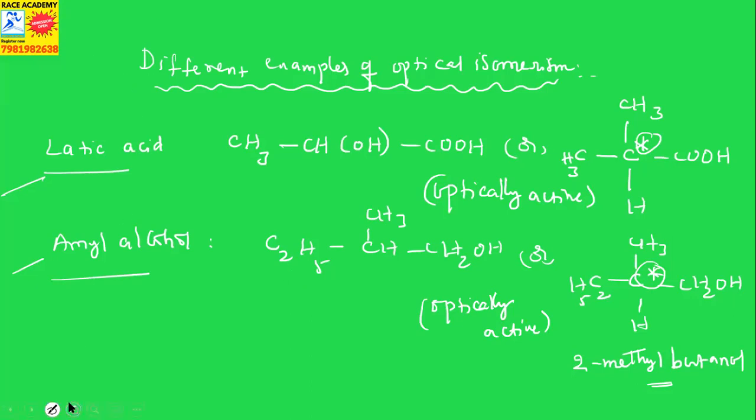So what is our main intention here? The thing we have to remember in this isomerism is what an asymmetric carbon is. Once again, an asymmetric carbon is a carbon to which different atoms or groups are bonded. For example, if you take a carbon like this, around that carbon different bonds are there.